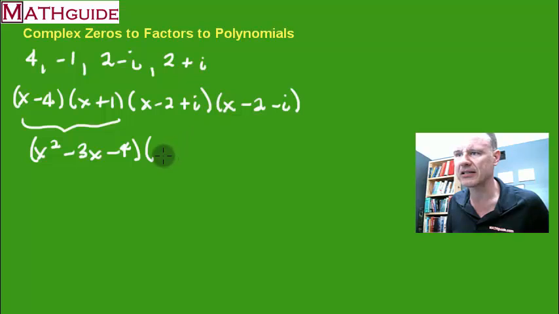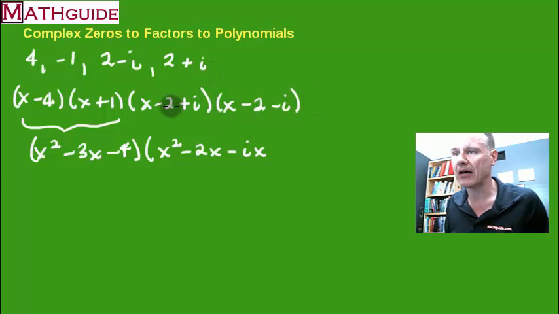So x times x is x squared. X times negative 2 is negative 2x. X times negative i is negative xi. Doesn't matter. Okay, now let's move on with the negative 2. Negative 2 times all this. So negative 2 times x is negative 2x. Negative 2 times negative 2 is positive 4.